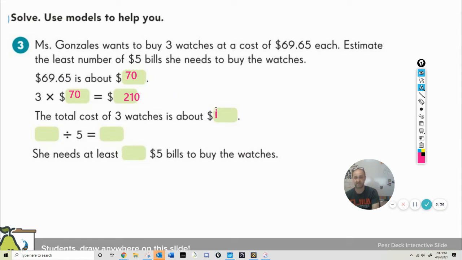So the total cost of the 3 watches is about 210. 210 divided by 5 is 42.